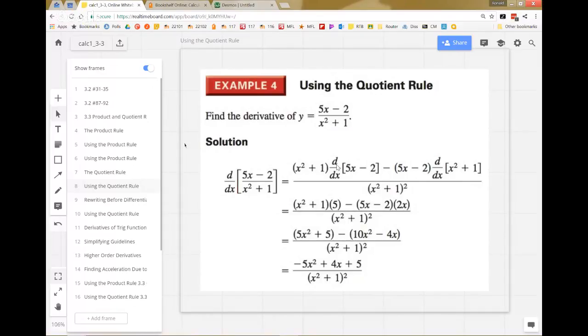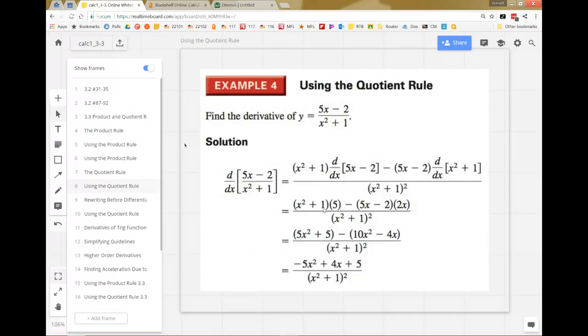Denominator, x squared plus 1, times the derivative of the numerator minus the numerator times the derivative of the denominator, all over the denominator squared. So all we did was use the rule. And now let's carry it out.